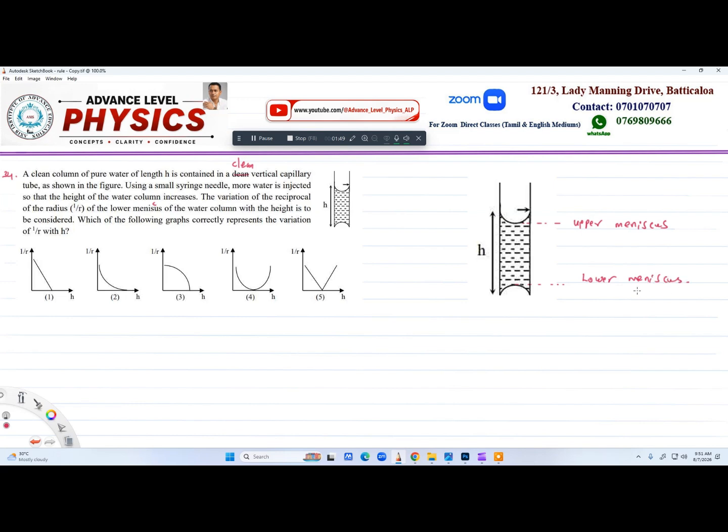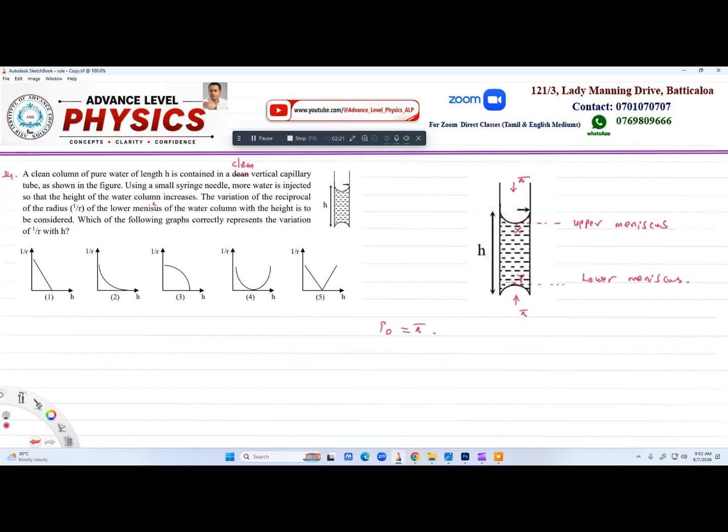Here atmospheric pressure will be there, and here also the atmospheric pressure will be there, right? So the atmospheric pressure we can take as P naught. And we can mark a point x, the point just below the upper meniscus, and y is the point just above the lower meniscus.